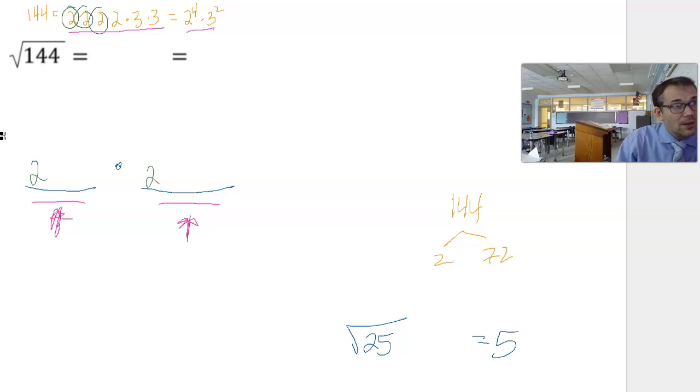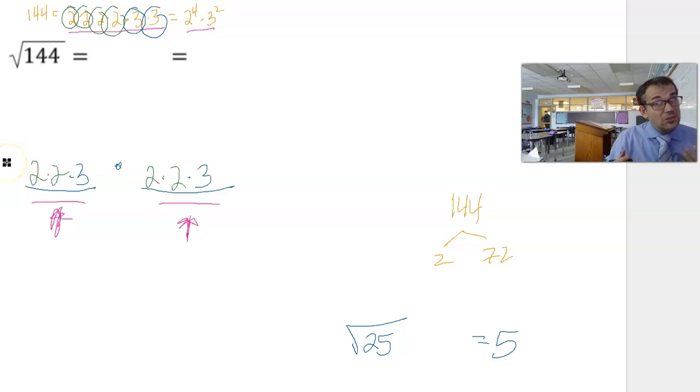And I can put this 2 here, that means I can put this 2 over here. So every time I put something over here, I put the same thing over here. I've used up all those 2's. I can take this 3 and put it here, and I can do that because I have another 3 to put over here. And essentially what I've done is I've taken all the factors of 144 and I've split them in half and put half in one slot and half in the other.